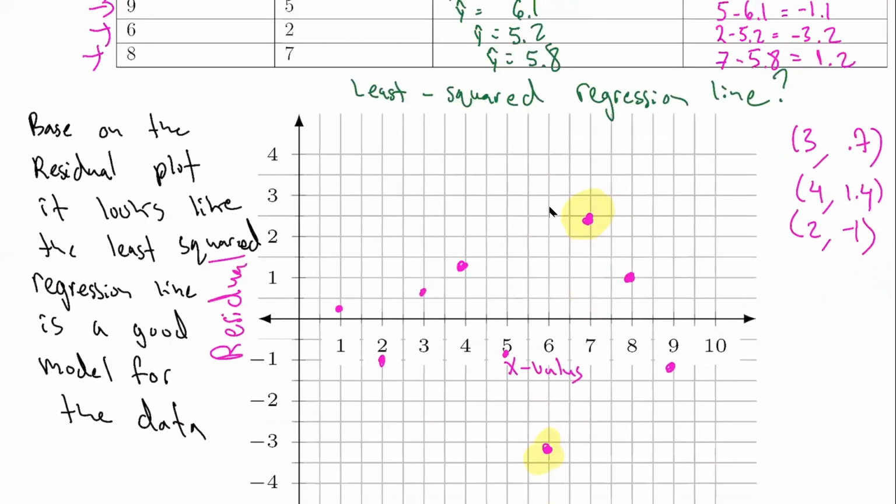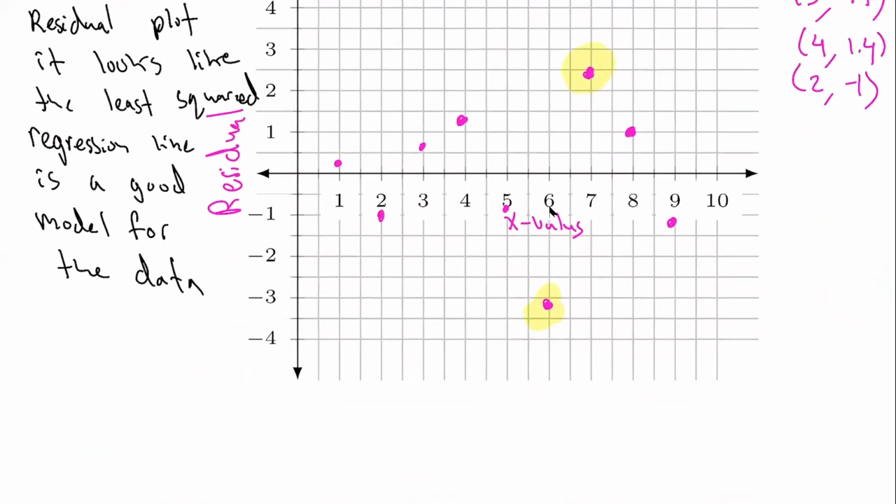All right, so let's do share. If you look at the graph I did by hand and the graph that we did on the calculator, they should look kind of identical to each other.